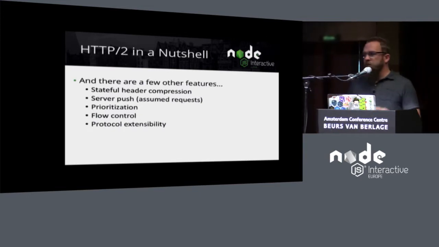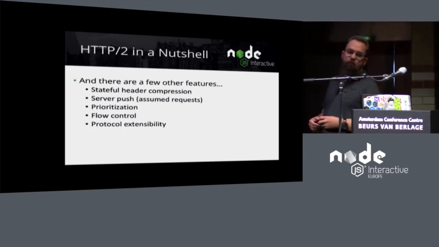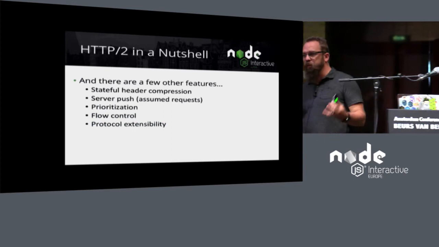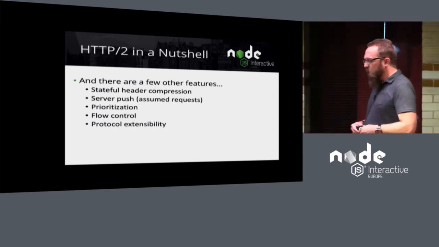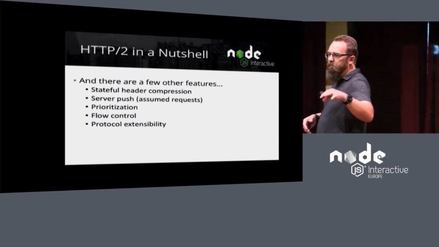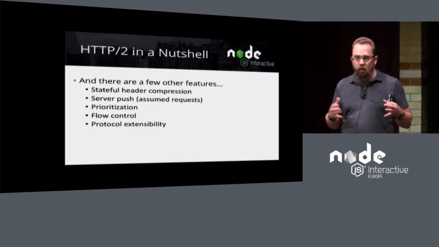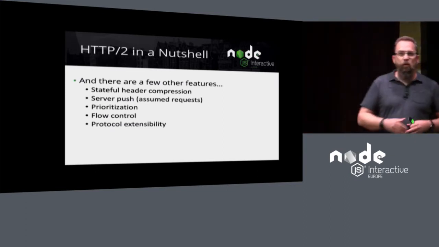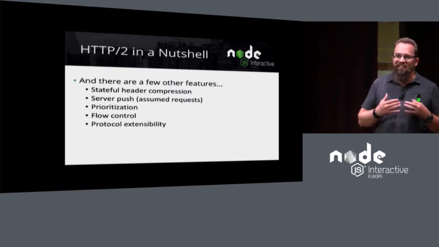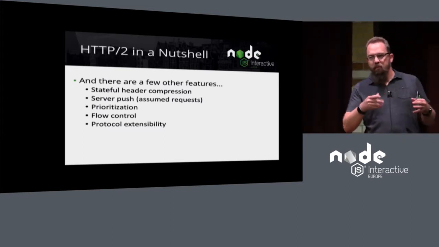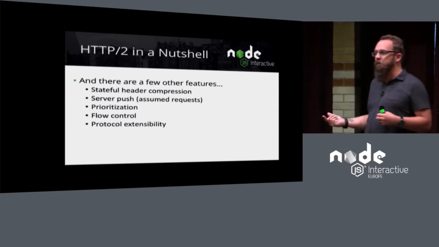There are a number of other things here that are included. Stateful header compression. So what does this mean? When you send a bunch of headers in your request, typically in H1, most of those headers don't change. You're sending the same block of data every time you send this request. Cookies are a good example of this, right?